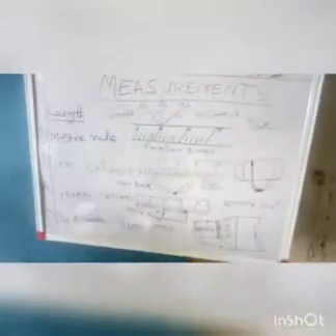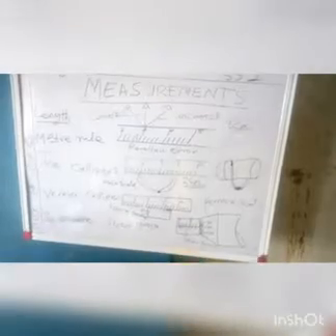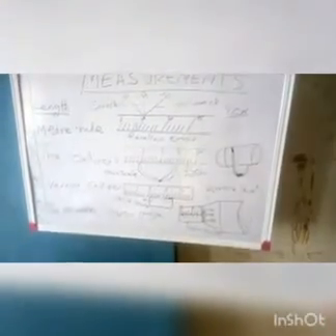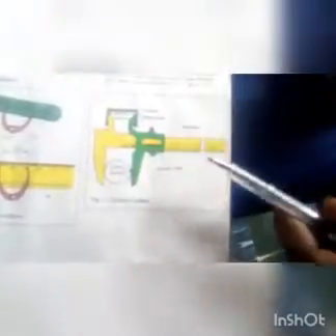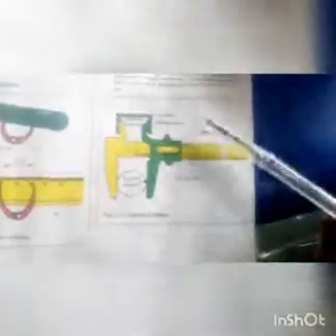Now another instrument you use in measuring length is the vernier caliper. You can see the picture here. The vernier caliper has two jaws. I'm very sorry we are not able to get all these things, but during practical physics I will show you.